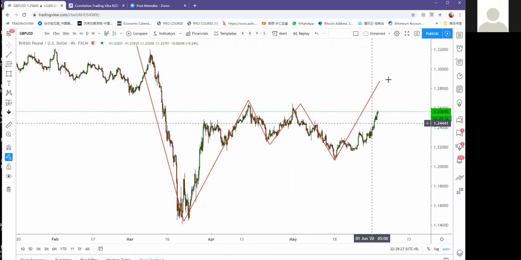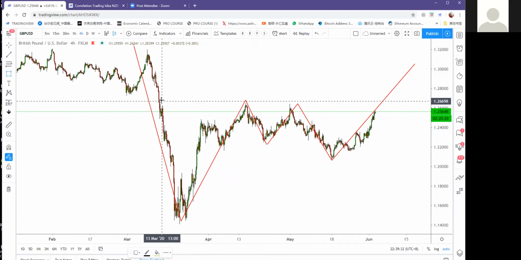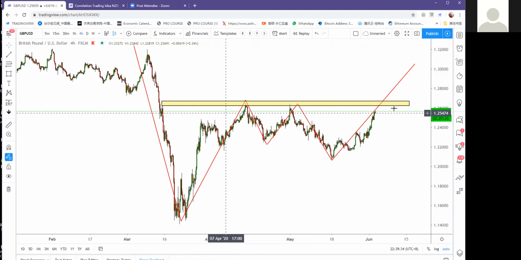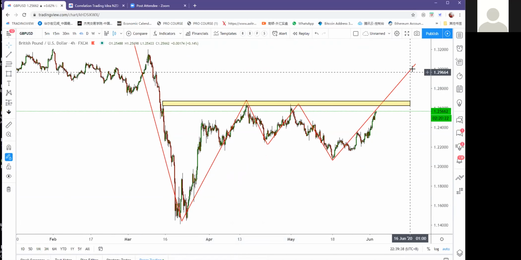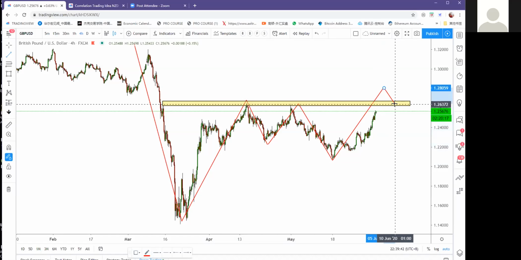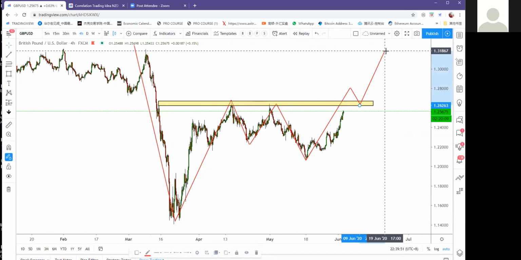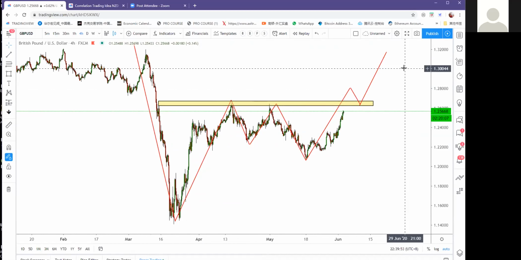And now the price is going up and we'll be very, very confident that once the sterling breaks 1.2650, guess what will happen? If the price breaks this level, what will happen? It will fly easily to 1.32, or 1.30 at least.